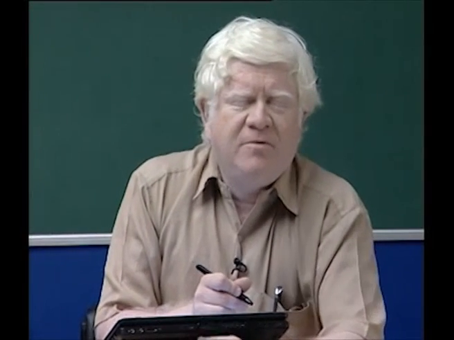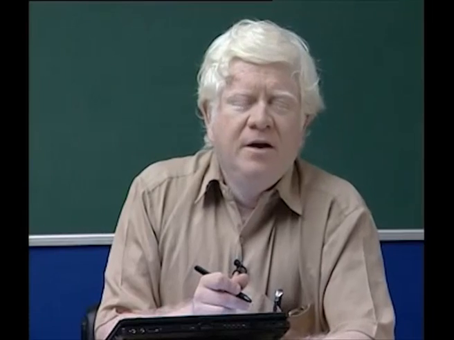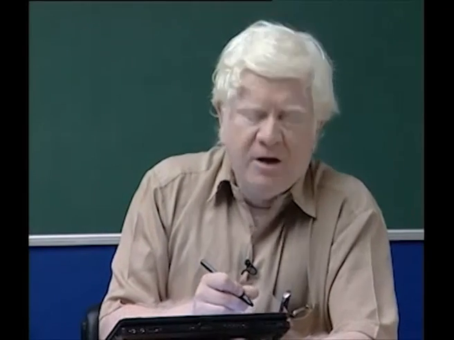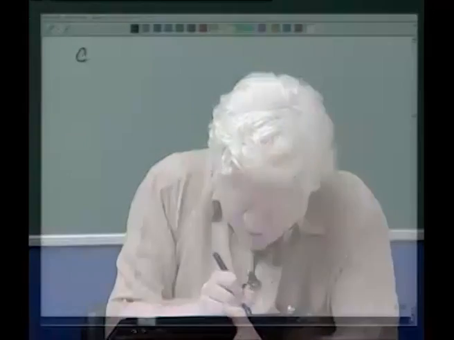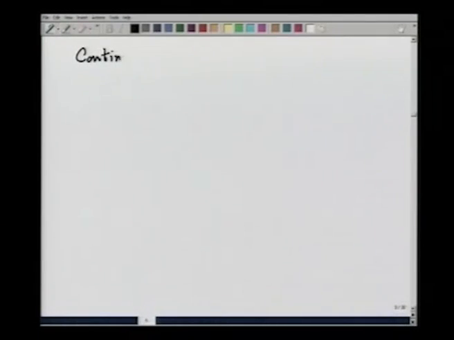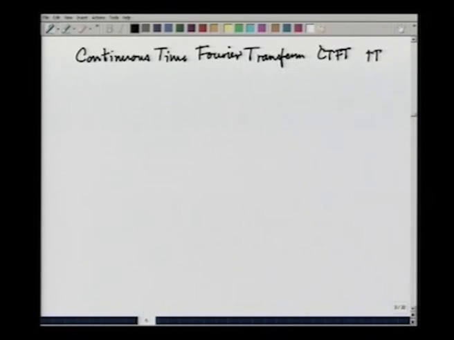The Fourier transform that we have just discovered is what is more formally called the continuous time Fourier transform, which we abbreviate to CTFT or even to just FT, where there is no room for confusion.